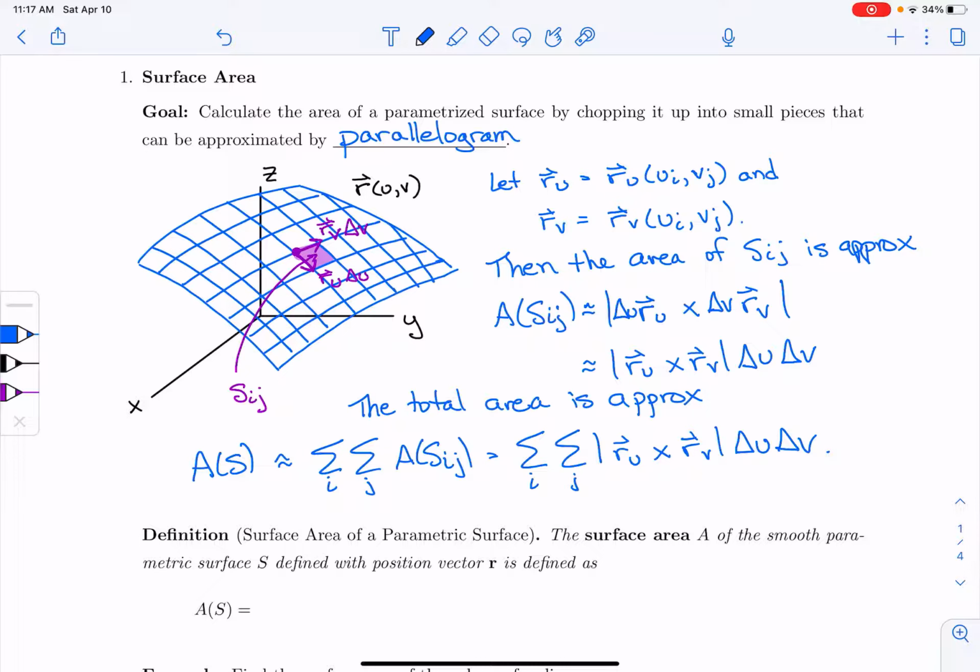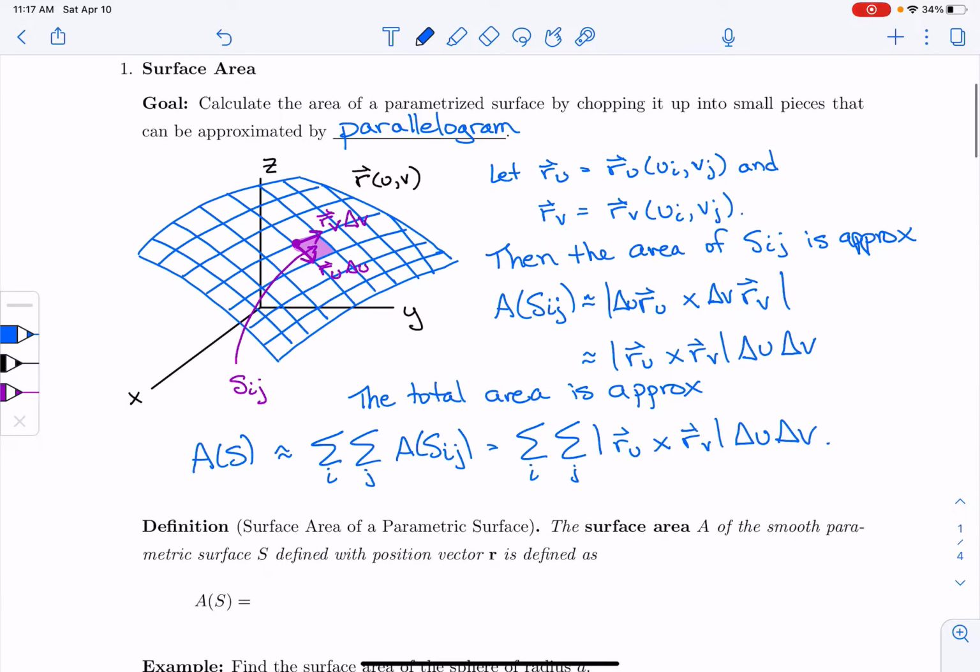Okay, so I'm going to define the area of the surface using a double integral. It's going to be a double integral over some region R that u and v live in. And then I want to find the magnitude of r sub u cross r sub v. Remember, r sub u cross r sub v is actually the normal vector.